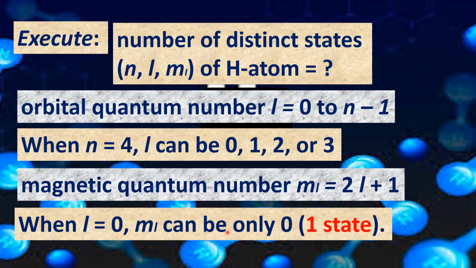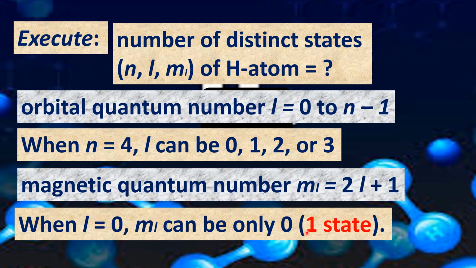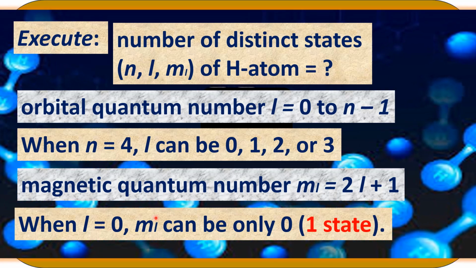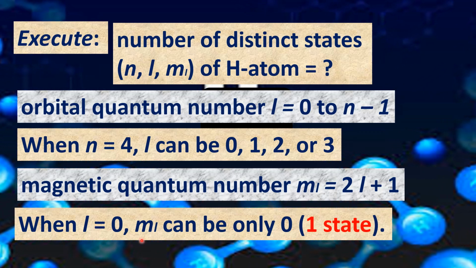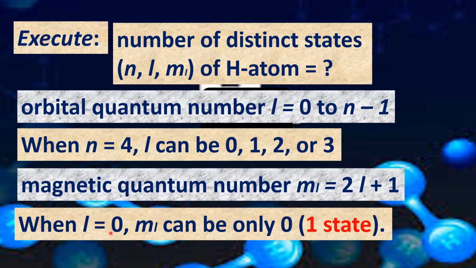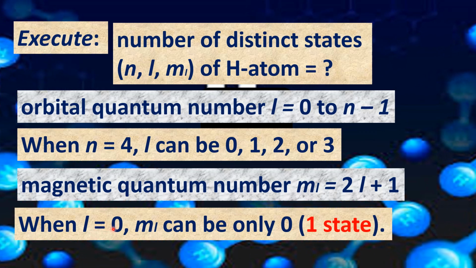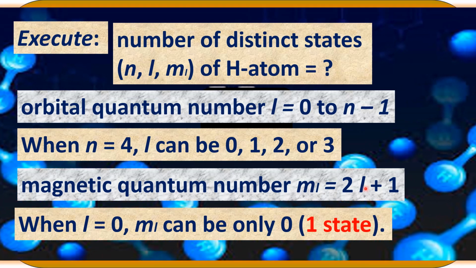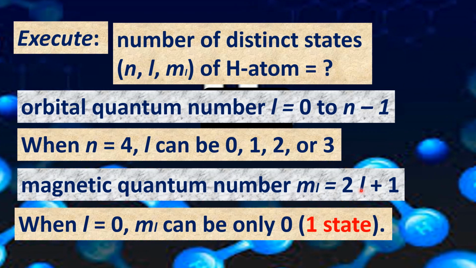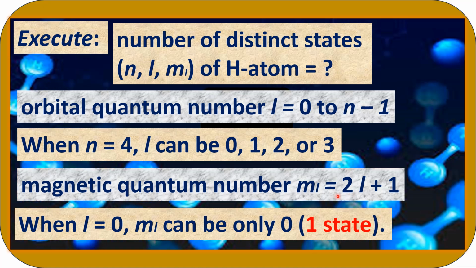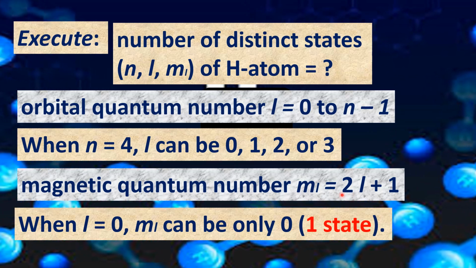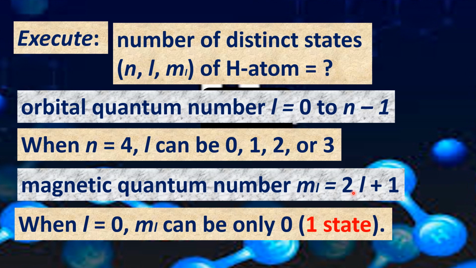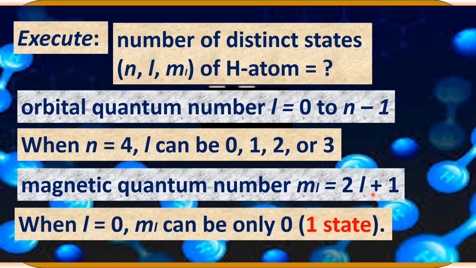So, if the energy sublevel is 0, that's l equals 0, substituting here in the formula, the number of electron orbitals, or magnetic quantum number, would be 2 times 0 plus 1.